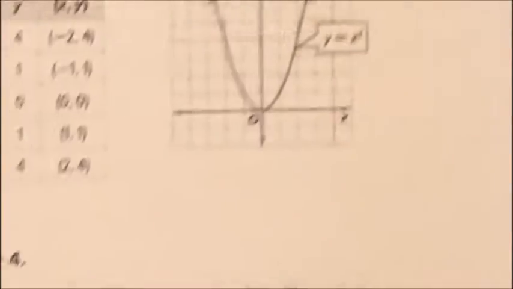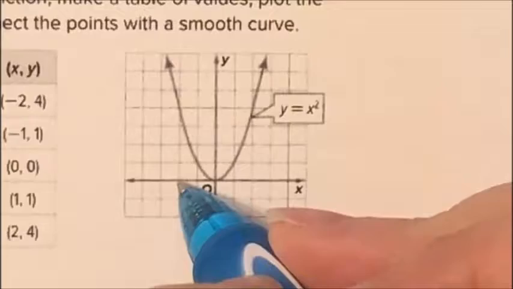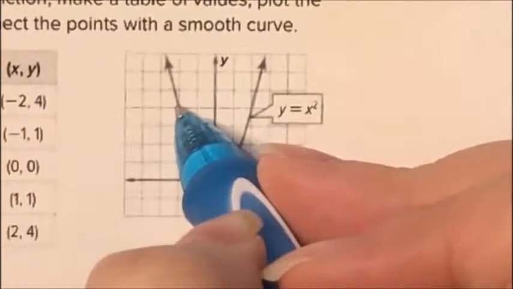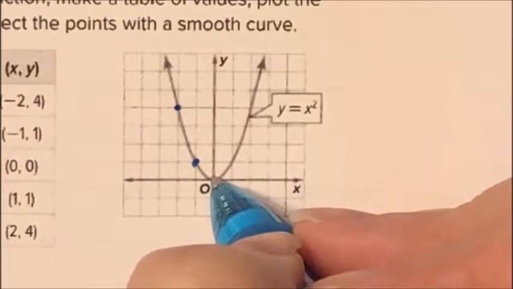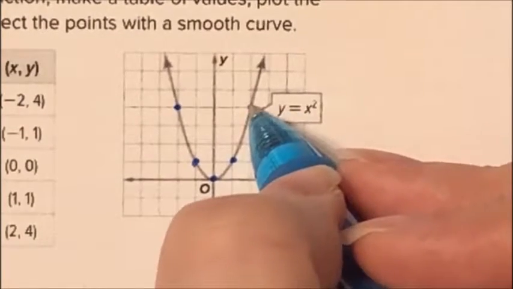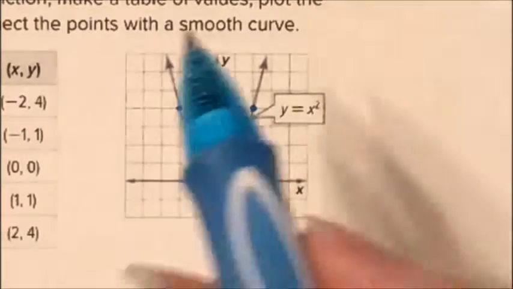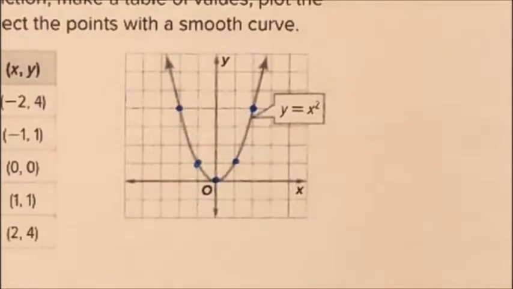Then I can go over to my graph and graph these points. (-2, 4) is right there. (-1, 1), (0, 0), (1, 1), (2, 4). You can see that these points are all connected on a smooth upward curve.